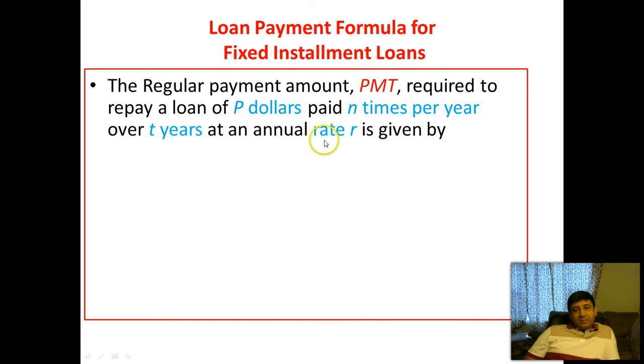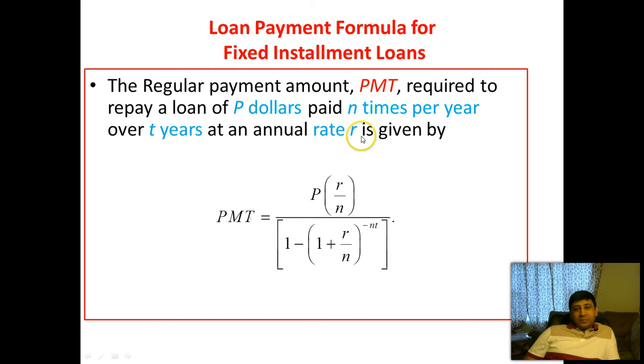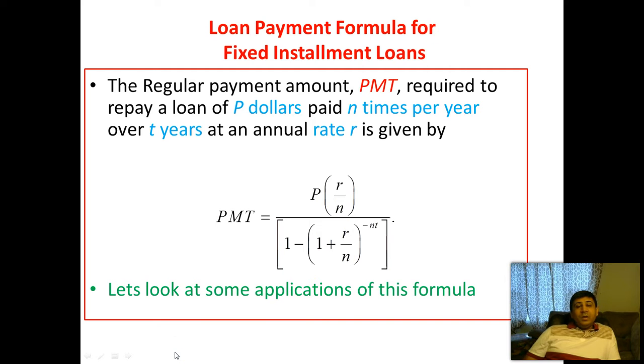And obviously it will have some interest rate on it. So the formula looks like this. P is the principal you borrowed, R is the interest rate, and n is the number of payments, or compounding periods, per year. We'll look at a bunch of problems applying the formula for the loan payment.